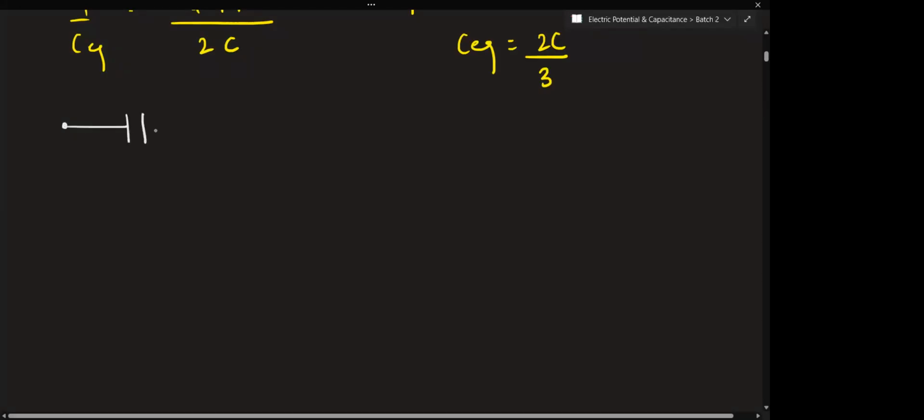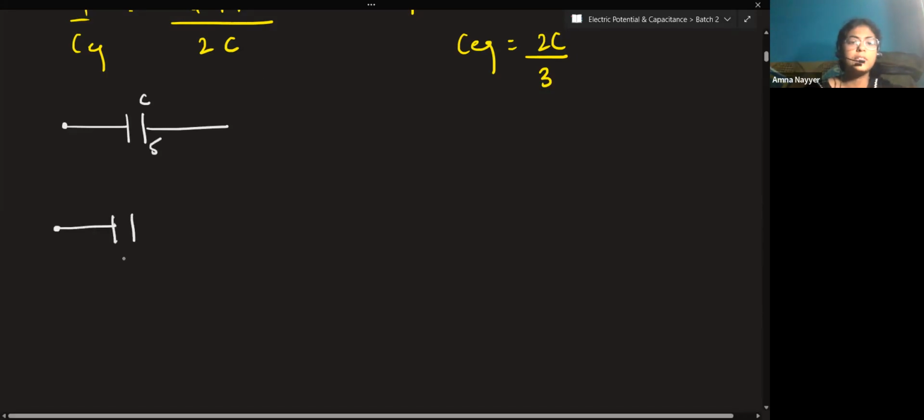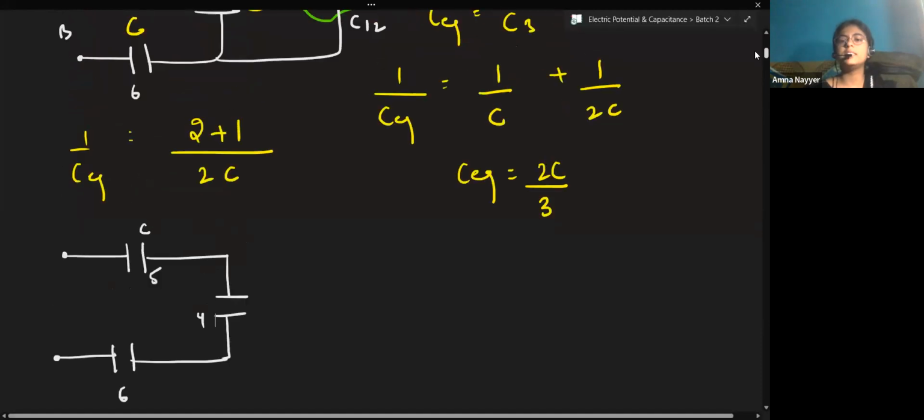So this is the first capacitor. This was the fifth capacitor. This is the fourth. Here we had the sixth capacitor. They are connected with the fourth capacitor. And the equivalent is C123.